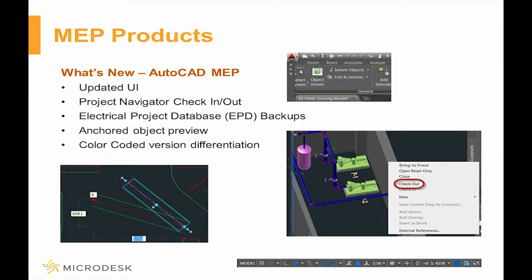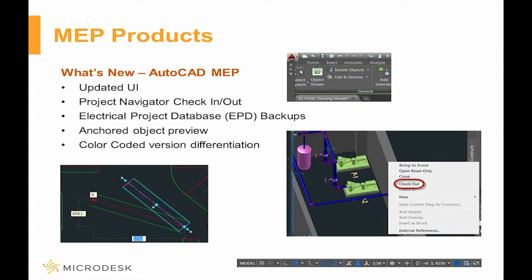So first off, with AutoCAD MEP, if you haven't taken a look yet, the first thing you'll notice is they have updated the user interface, and they did this to make it easier on the eyes, and they updated some of the toolbars and the icons on the toolbars in a different format.